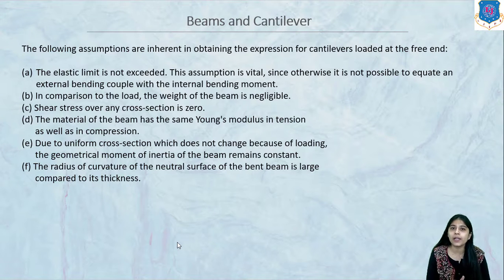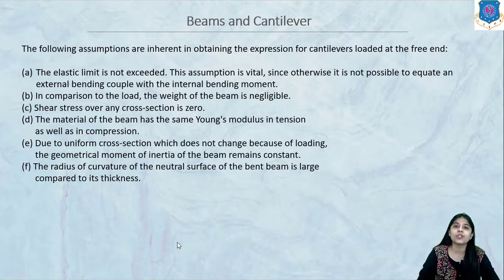It is supposed that you are working under factor of safety conditions, where the working stress is maintained optimally and the elastic limit is not exceeded. You are working within the elastic limit.